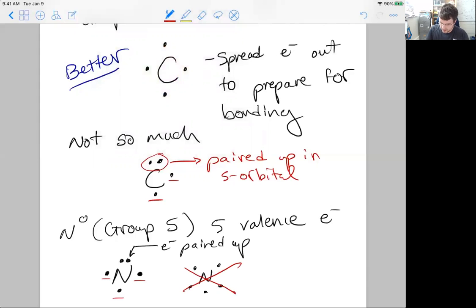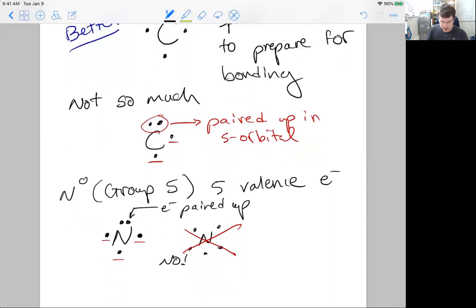That doesn't really work, and we'll see why in other lectures, but this is not a possibility for us because we can only have 4 positions for electrons around the atom. So you can't spread them out more than 4. You can't have 5 spots to put electrons. As soon as we get up to 4, we're going to start to see things pair off.